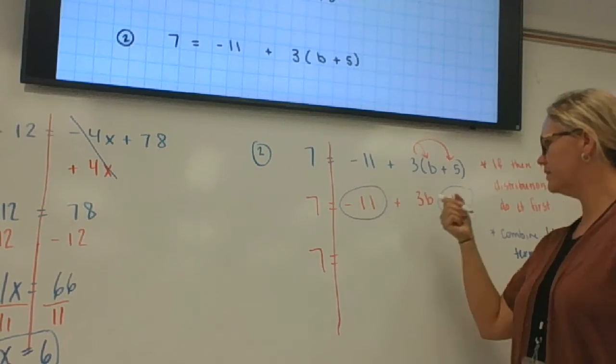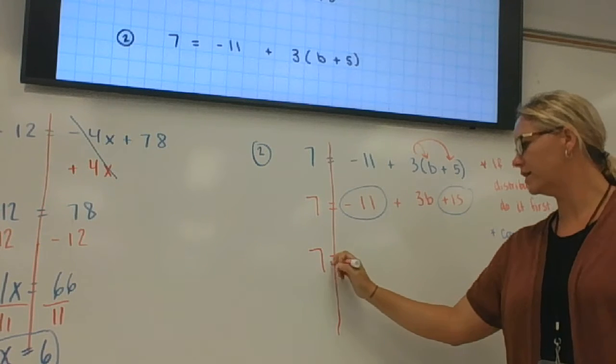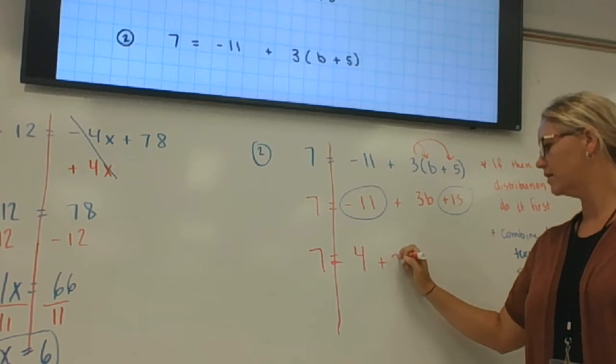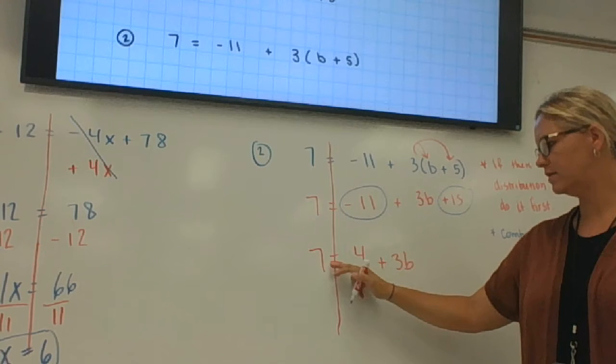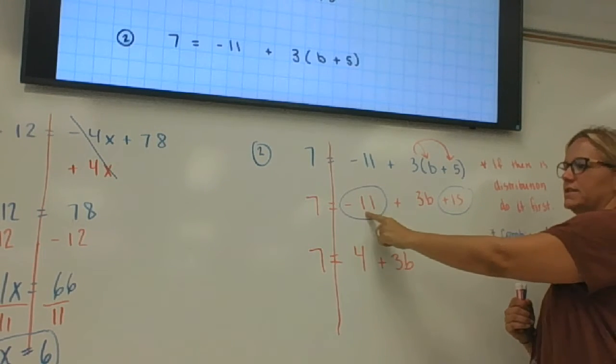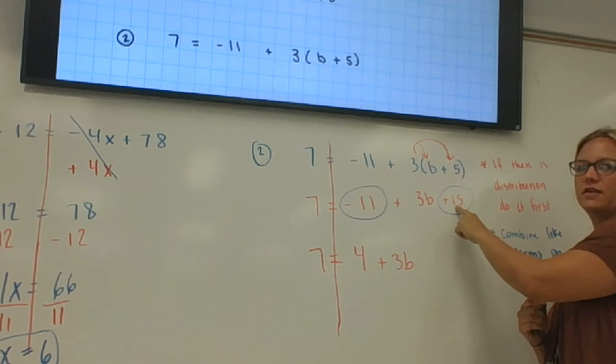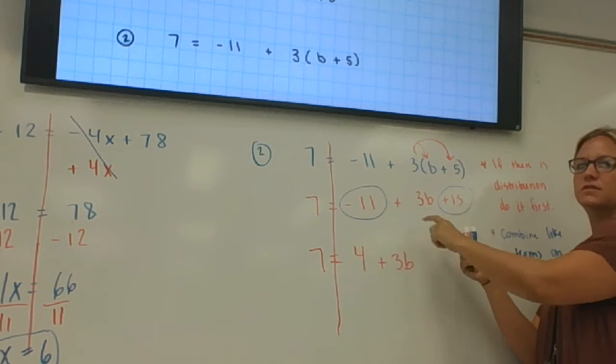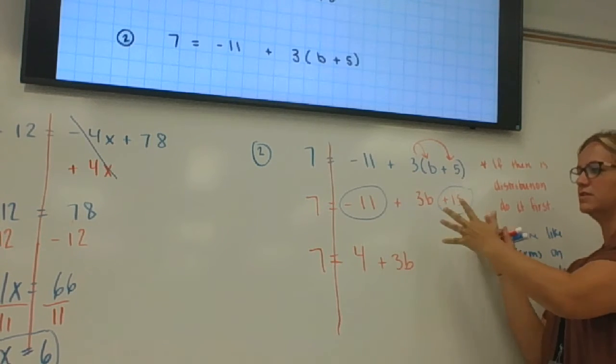So I'm doing negative 11 added to 15 is 4. And that's the best procedure. And now we have a much more basic equation. I did negative 11 and 15 together, since they're both constants, because they're on the same side.